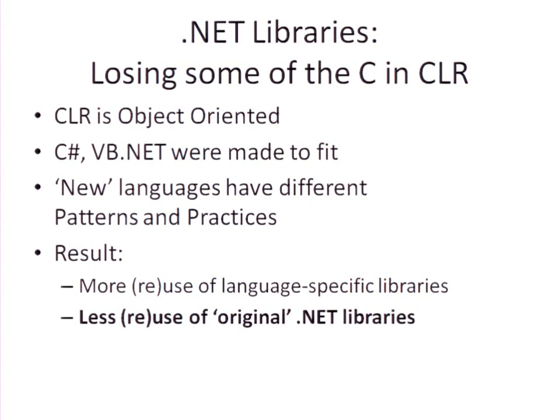With the new languages, they have their own patterns and practices, their own ways of doing things. And as a result, you get, for example, Python using Python libraries and IronRuby using Ruby libraries, and you get less of these languages using good old .NET libraries that have been developed over the last 5 years or so.